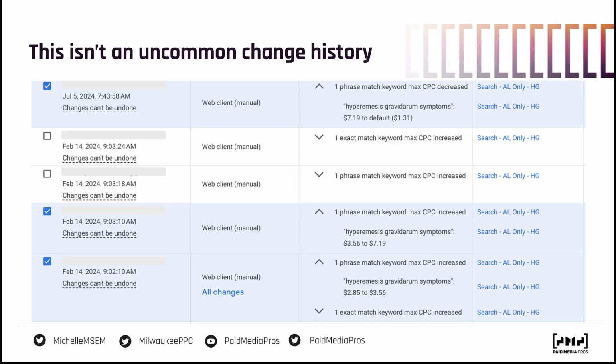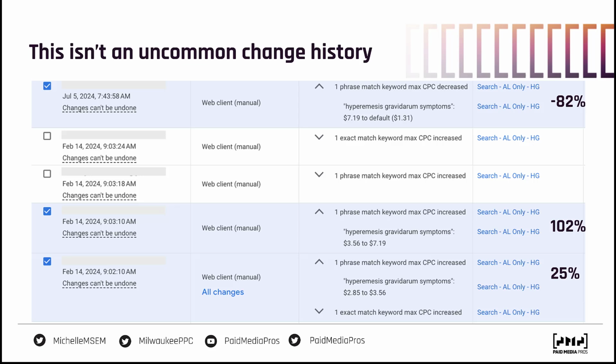Now, over the course of this video, we'll talk about the myriad problems that we have with this type of change history, but the most glaring one is if you just take the change percentage that each of these bids were. The first change was a 25% increase, which is fine. It's a little on the higher side, but that's all right. But then 1 minute later, it ended up going up 102%. So between those two, that's well over 100% change just from the baseline of $2.85.